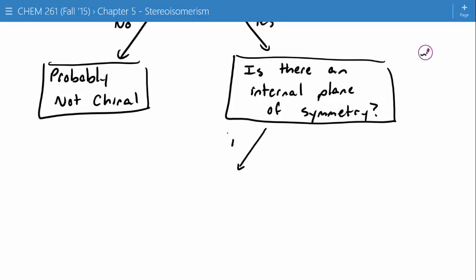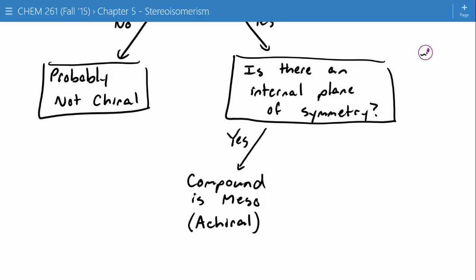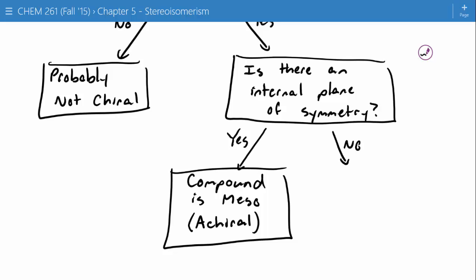If we say yes, then the compound is meso. And are meso compounds chiral? No, it is achiral. If there is no plane of symmetry, then the compound is chiral.